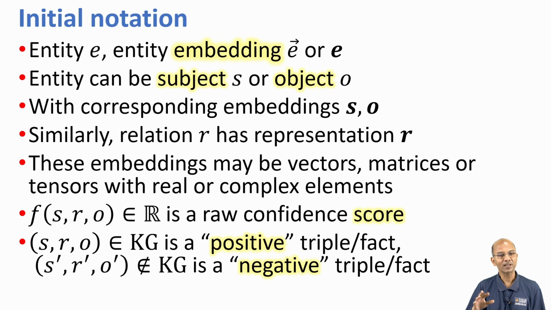But there are ways to sample S prime, R prime, O prime, which makes it very unlikely that S prime, R prime, O prime is true. We shall visit one or two ways to do that in the upcoming slides. If S prime, R prime, O prime is known to be false, we'll call it a negative triple or a negative fact.